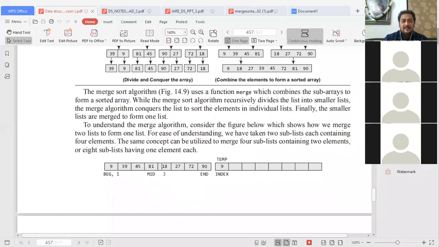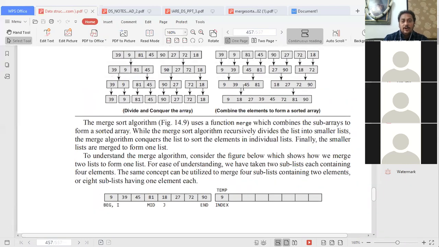So how did we find this array? This array is the combination of these two arrays. How do we get this sorted subarray? This is the procedure we followed. We divided the array into two parts, and further into two parts each, and we sorted it, and finally we found A1 as 9, 39, 45 and 81, and the other subarray A2 as 18, 27, 72 and 90.